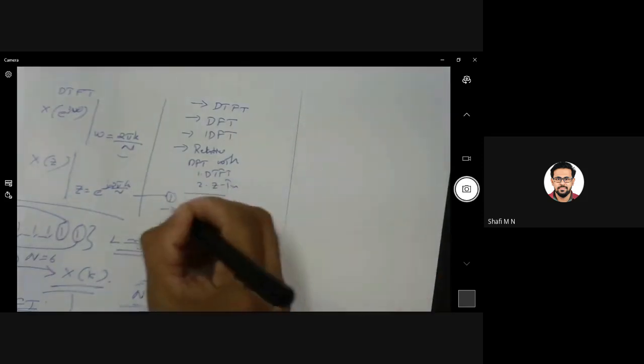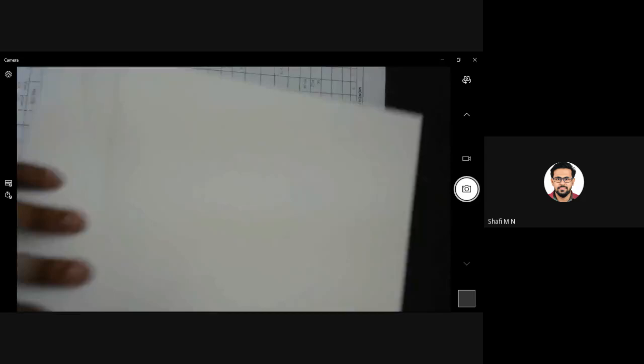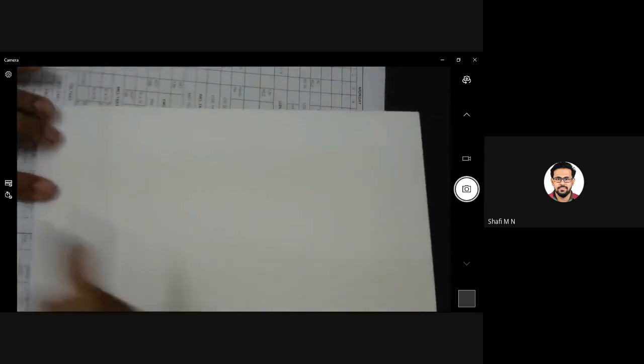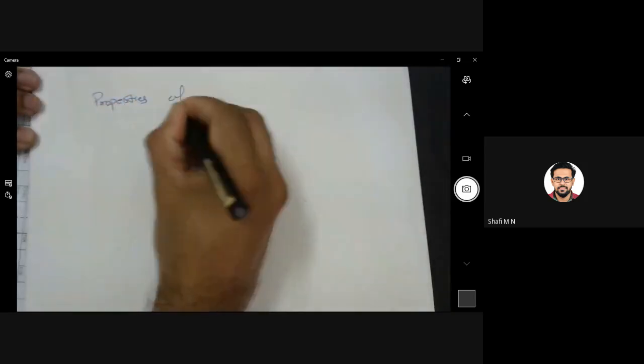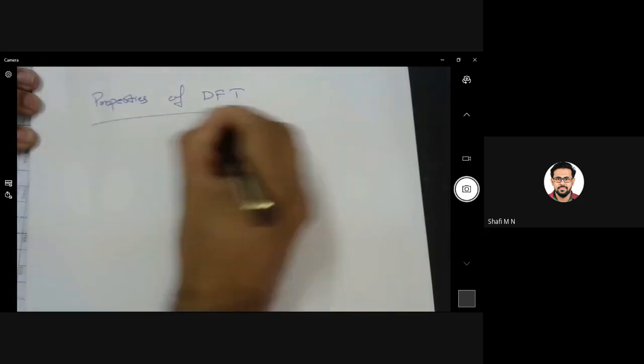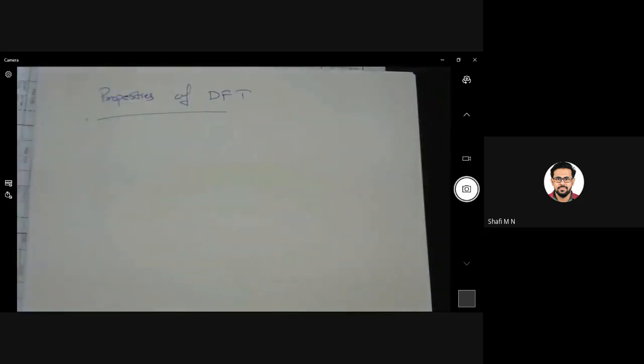So we will move to the next topic, that is properties of DFT. So make the next heading properties of DFT. Okay. So first property is properties, or note here, you may be asked to state 3 or 5 properties also. Questions can be like that also. Okay. First thing is periodicity.